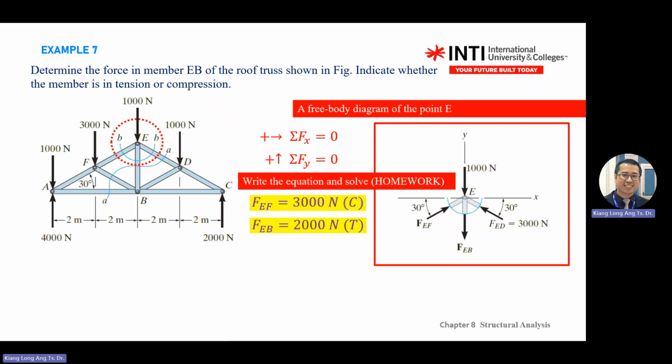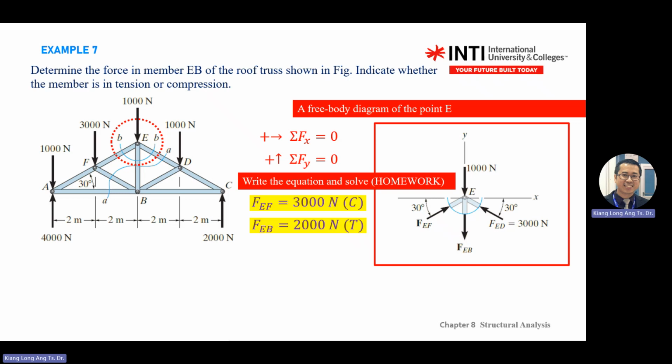three members, and two of them are collinear. Collinear means in the same line.